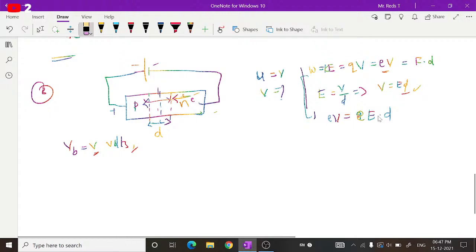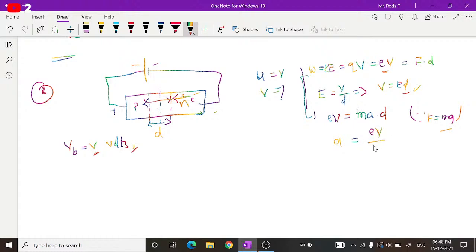So we replace this in terms of F into d. The force acting on the electron is mass times acceleration, so eV = m a d. From this, the acceleration is eV/(m d). This is the acceleration experienced by the charged particle on crossing the junction.